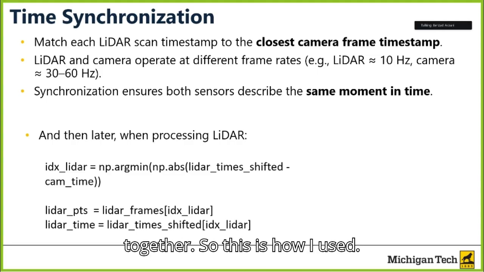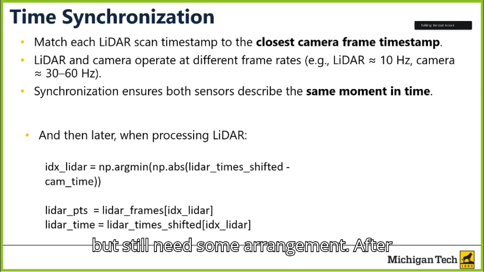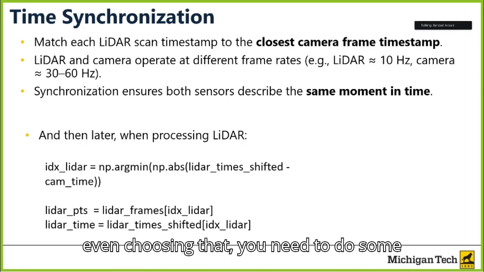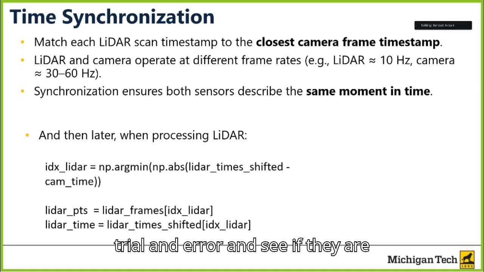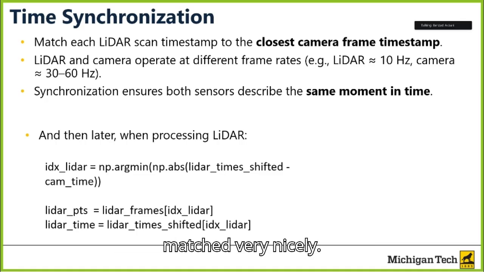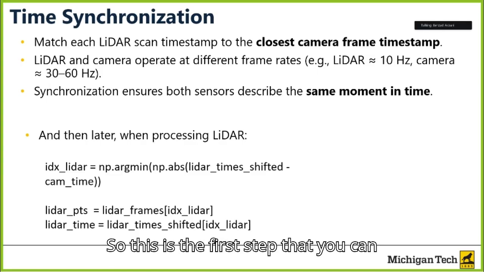So this is how I did it, but it still needs some arrangement. After even choosing that, you need to do some trial and error and see if they are matched very nicely. So this is the first step that you can do.